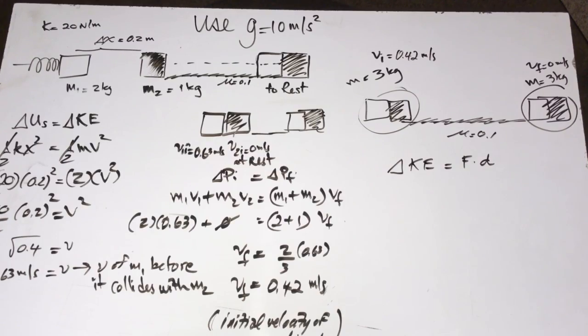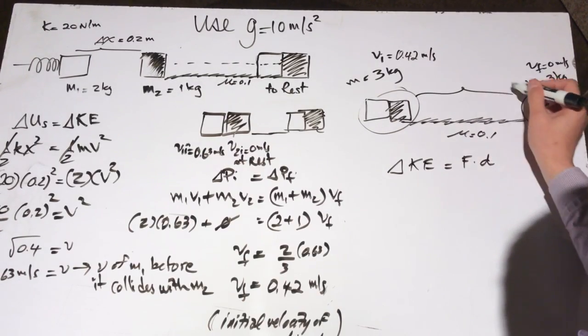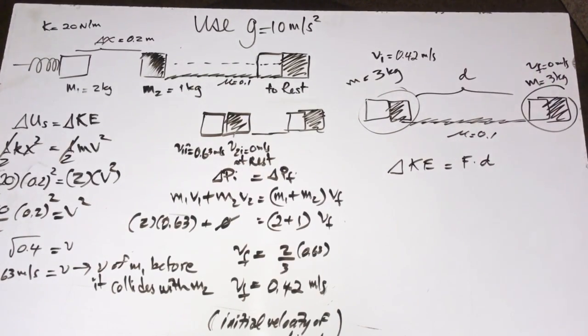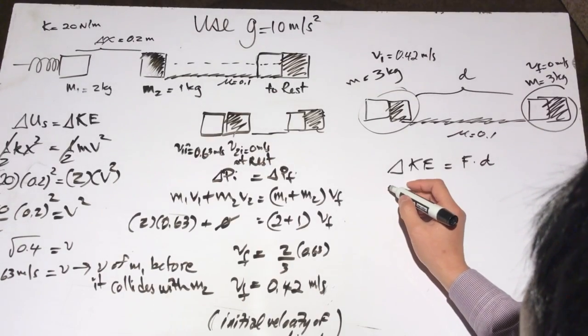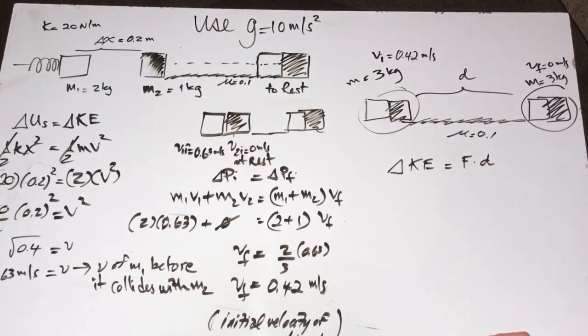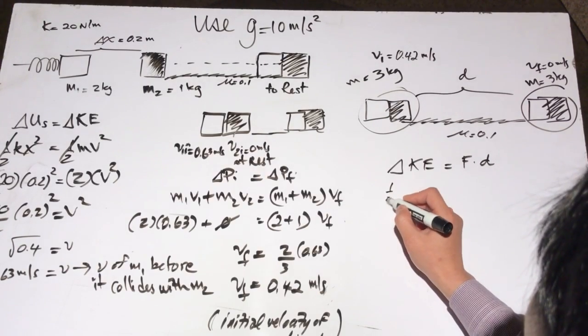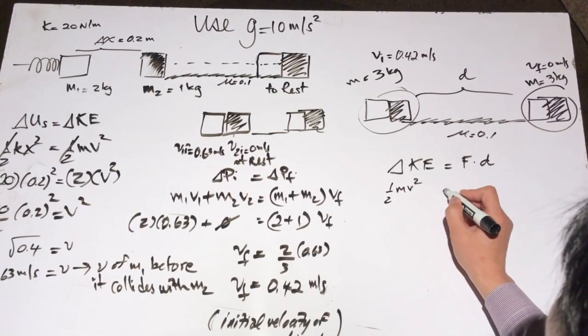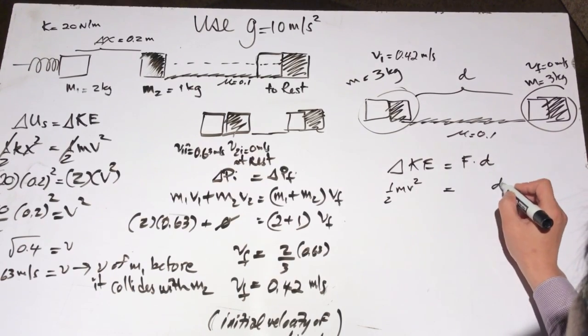We want to figure out how far the two blocks combined travel before coming to rest. So the kinetic energy, 1/2 mv squared, is equal to the force times distance.